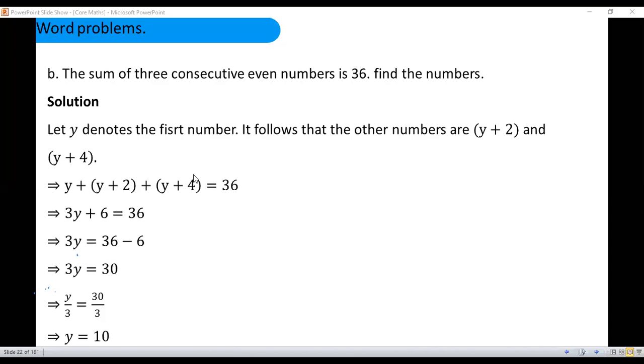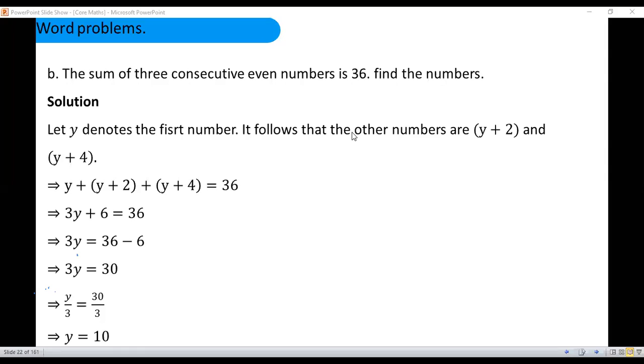Kenneth, ask your question. They said 3 consecutive even numbers, and you said let y denote the first number. So do you mean 1 is an even number? I'm not saying 1 is an even number. I said let y be the first number. We don't know the number. The first even number can be 30.